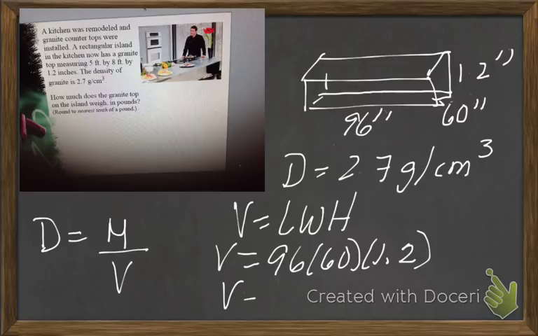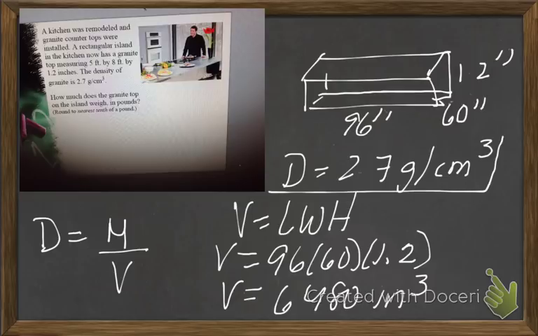So if you multiply all that out, you will get 6480 inches cubed. Now we have a problem right away because if you look at the density, here's the density over here, that's in centimeters. So we have another problem.